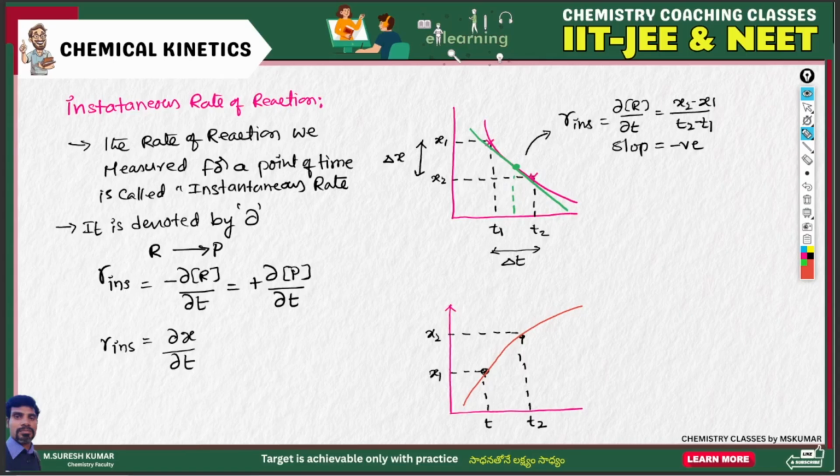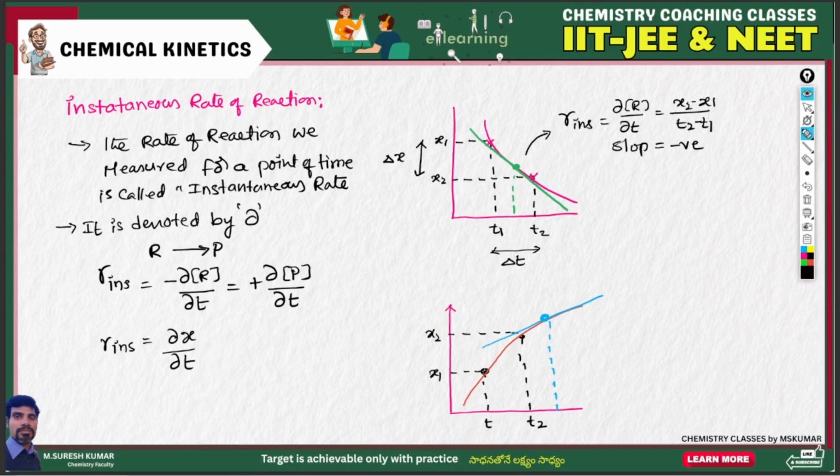Now here draw a straight line, a tangent. Suppose I want to measure the rate of reaction here, then draw a tangent like this, where the straight line touches the graph at the particular point.